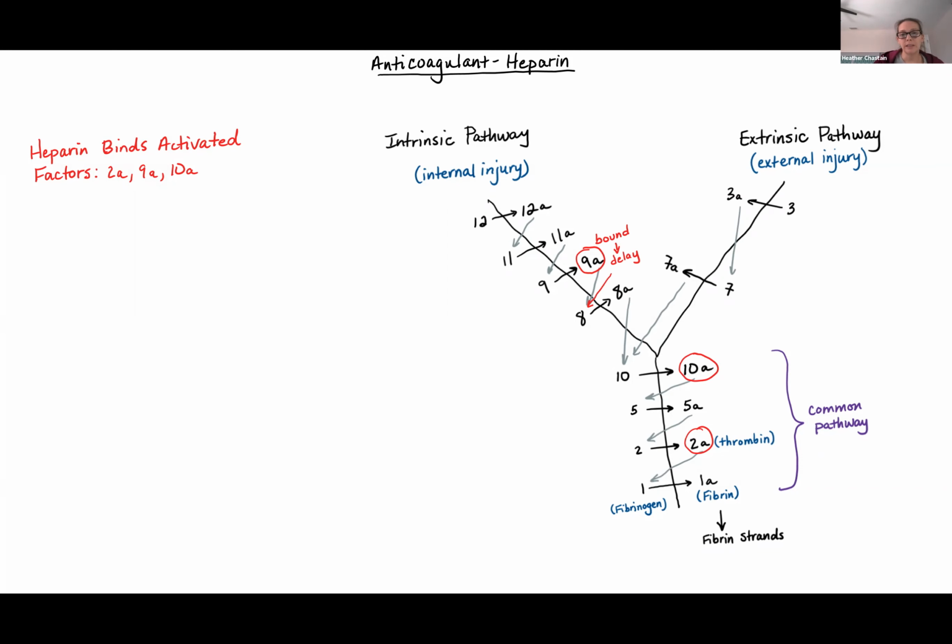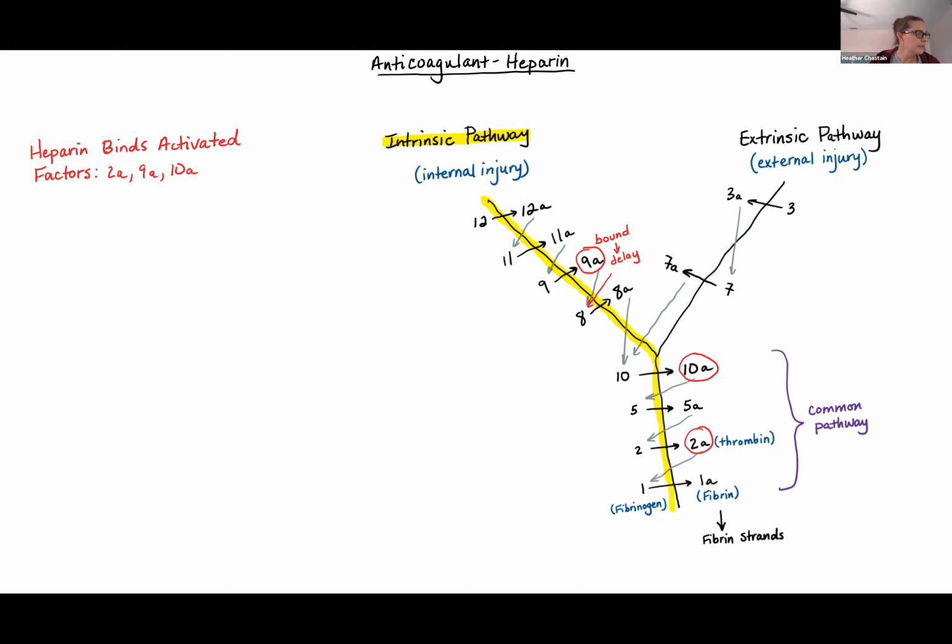Now, you'll notice that heparin only affects the intrinsic pathway. Remember, warfarin affected extrinsic pathway and intrinsic, but we use extrinsic to determine how warfarin is affecting the coagulation cascade. With heparin, it only affects the intrinsic pathway.